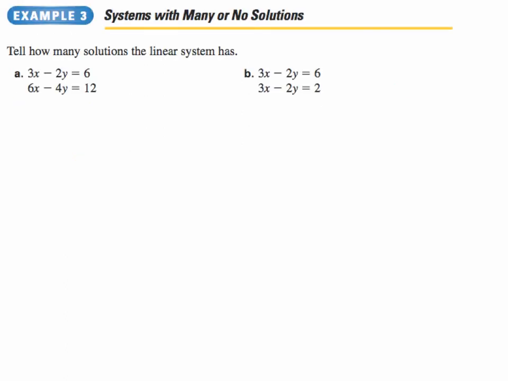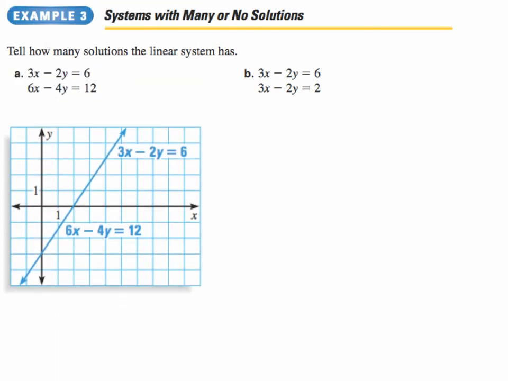Now, tell how many solutions the linear system has. I'm not actually asking what the solutions are, but how many there are. It's the same idea: you graph these. I've already provided the graphs because I wanted to go through this fairly quickly. When you graph 3x minus 2y equals 6 and 6x minus 4y equals 12, they end up being the same line.